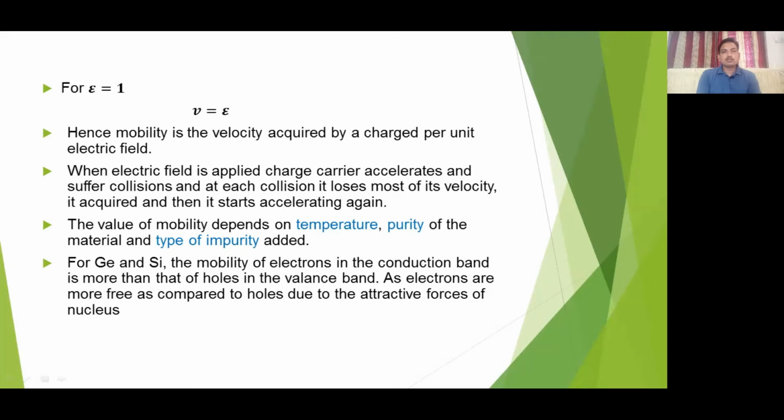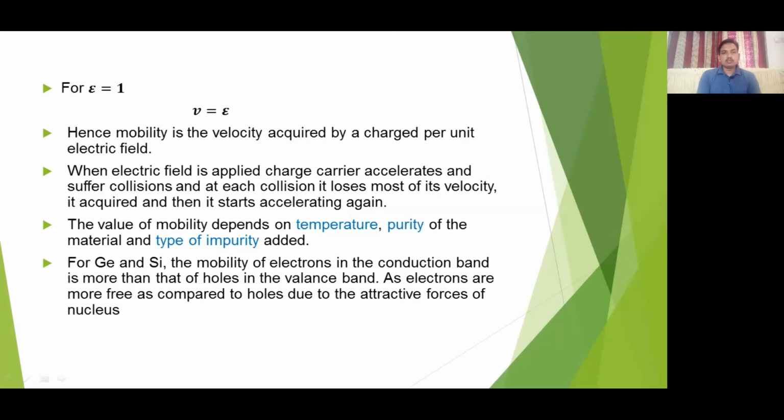It acquires a velocity, then it collides, loses that velocity, and the process repeats. The value of mobility depends upon several factors like temperature, purity of the material, and the type of impurity you have added, that is, from which group you have added the impurity atom.